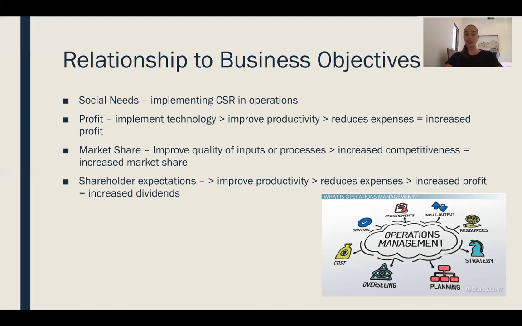And in regards to shareholder expectations, remember this is very similar to increasing profit. As productivity is improved through technology, sourcing cheaper inputs, all those kinds of things, it reduces expenses, which increases profit and therefore increases the shareholders' dividends.